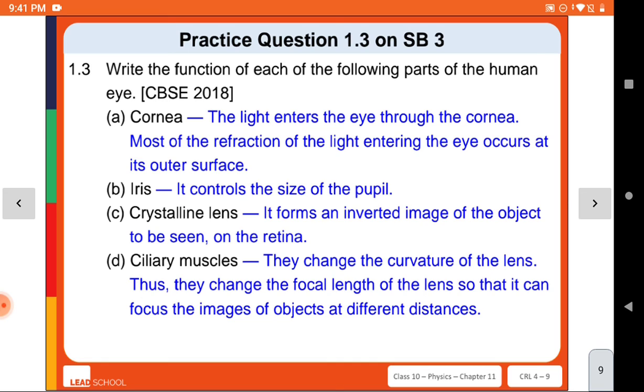The iris controls the size of the pupil. The crystalline lens is the main part of the human eye, and it helps to form an image on the retina. The ciliary muscles adjust the focal length according to the object, change the curvature of the lens, and also help in the rotation of the lens.